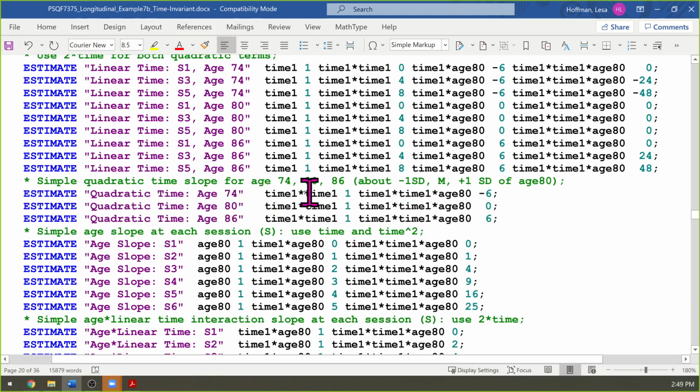And because the quadratic slope is the thing I'm trying to estimate, that gets a 1. Then the value that goes with the interaction with age is the value of age for which you want the quadratic time slope. So the first row gives it to me for age 74. The second row gives it to me for age 80, which is what the model would give me directly. And then the last row gives it to me for 86.